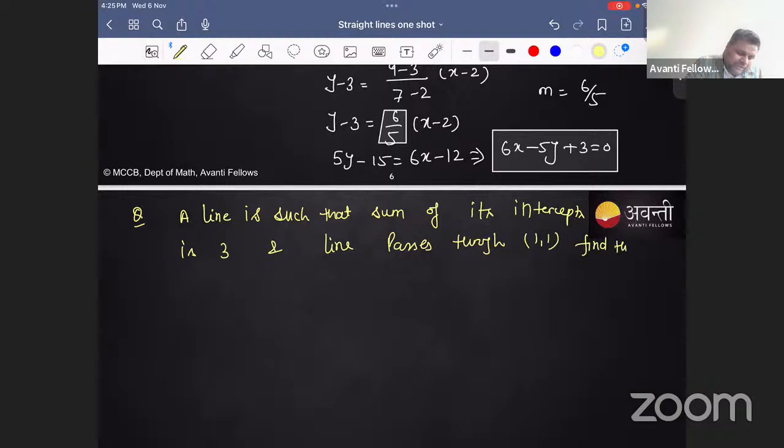Then find the line. Means x intercept plus y intercept on axis we can mention. A line is such that sum of its intercepts on axis is 3 and line passes through (1, 1). Find the line.